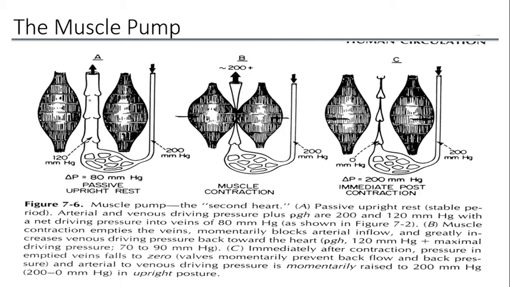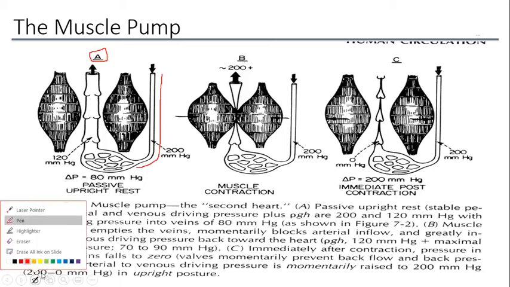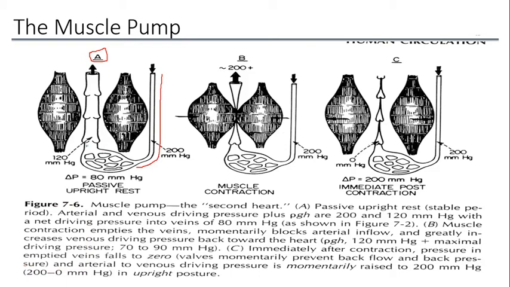First one is the muscle pump. So here in part A, we can see a gross overview of our cardiovascular system, where blood is pumped from the arterial side, making its way through the capillaries, and then going towards the venous side, right? And again, these veins are very compliant, so they're going to hold on to blood volume.